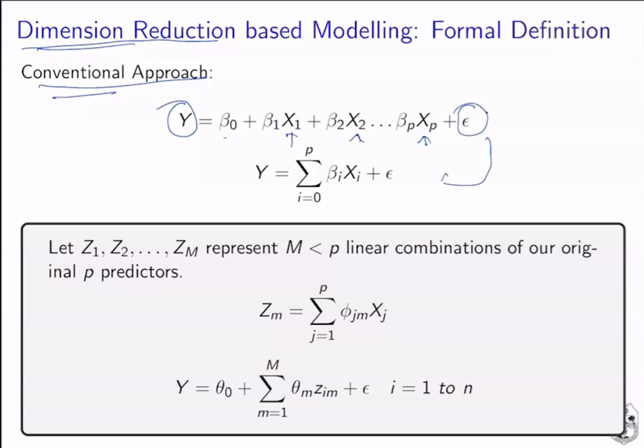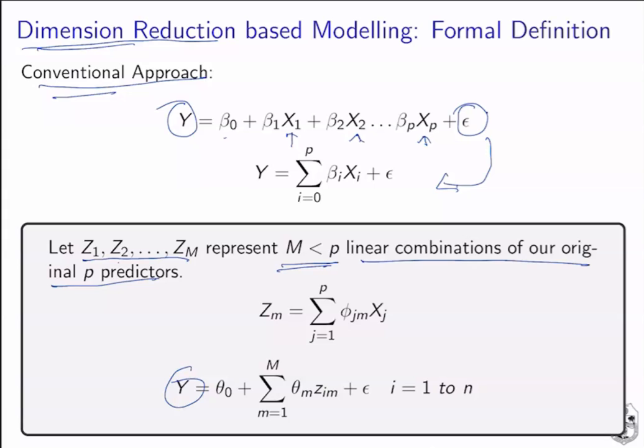The same thing can be expressed in this way. In the dimension reduction problem, the output variable y is now expressed in terms of z1, z2, up to zm, which are transformed features, and the number m is less than the number of original features p. Each z is a linear combination of our original p predictors.